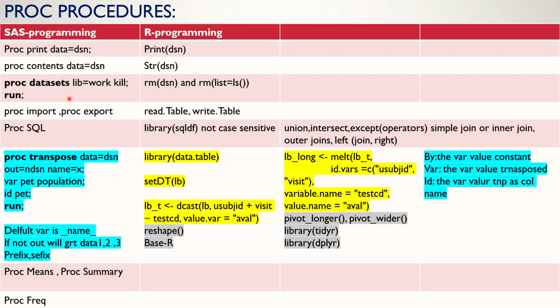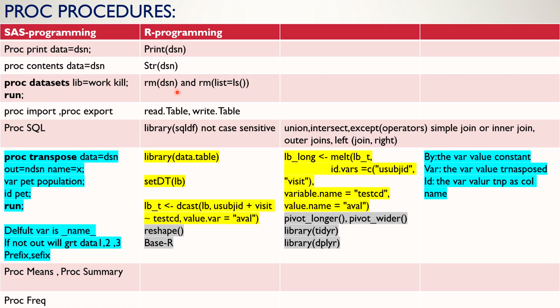If you want to delete datasets in the temporary library or permanent library, we write code this way: proc datasets lib equal to work, nothing but the library, kill, run. If you run it, it will delete all datasets.